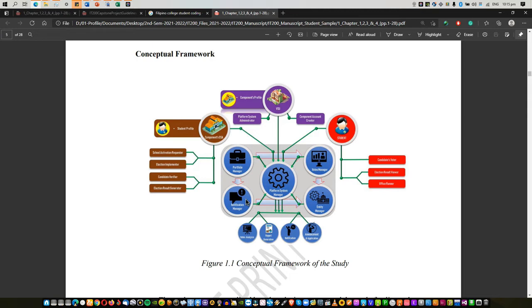So for example, the portfolio manager, which handles the registration, profile management of the platform or the system. The notification, so this is responsible in the exchange of information from one entity to another. So for example, component, OSA, VSU, and the student.